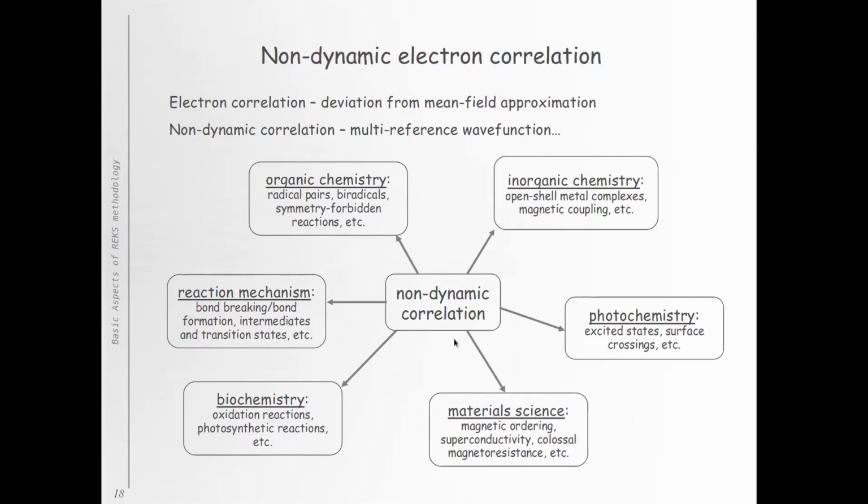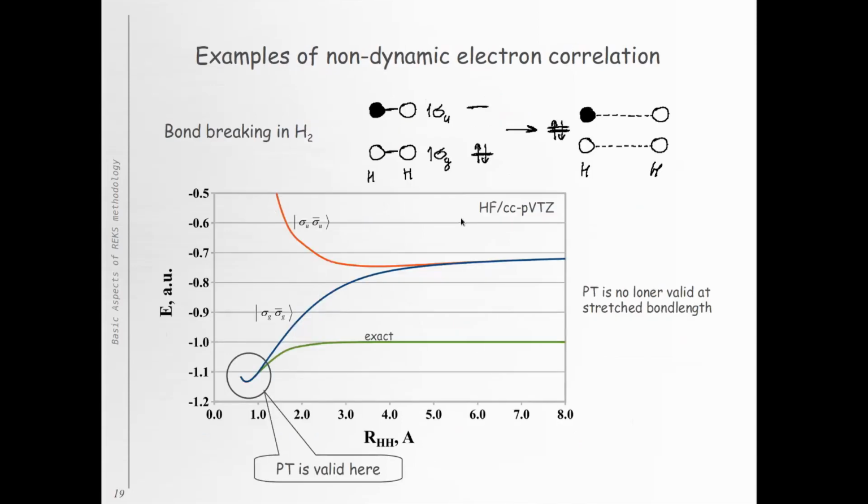So if we again try our lovely test animal H2 and try to dissociate it, we shall see the energy of the ground state configuration, where the sigma g bonding orbital is doubly occupied.